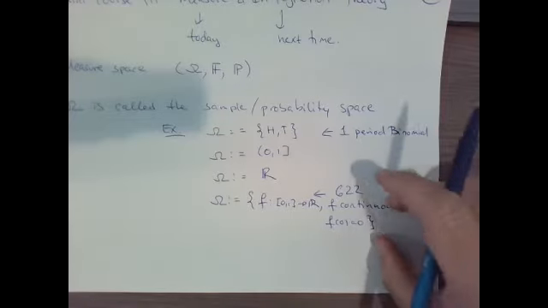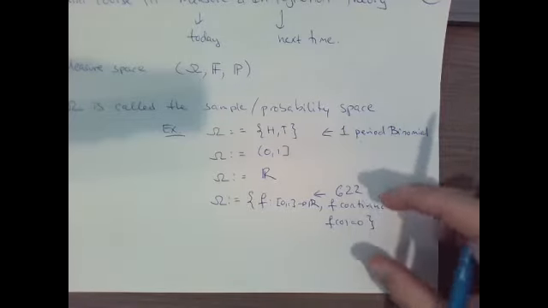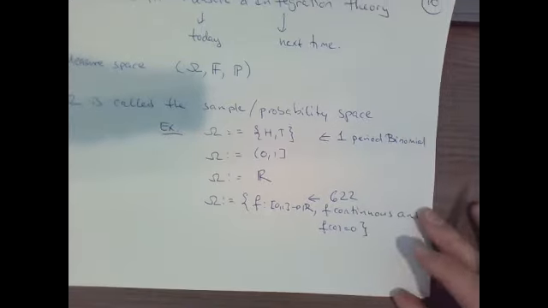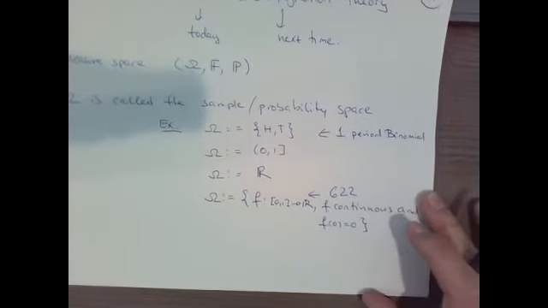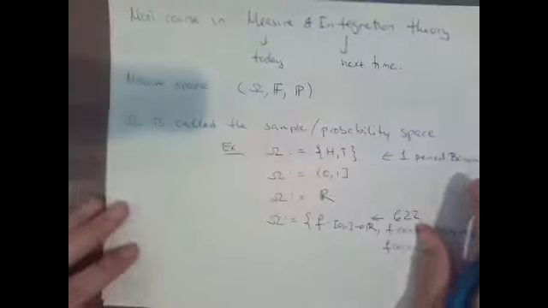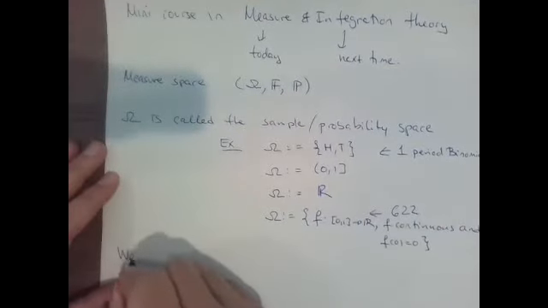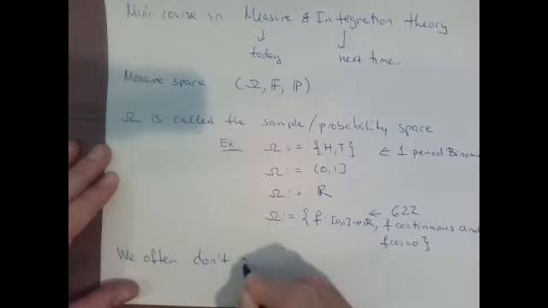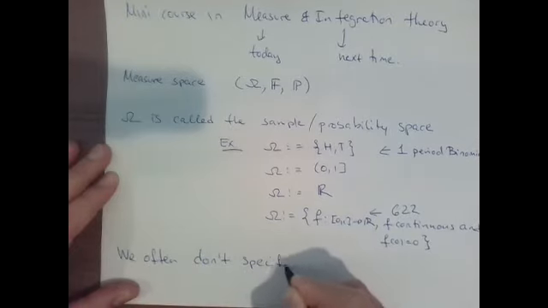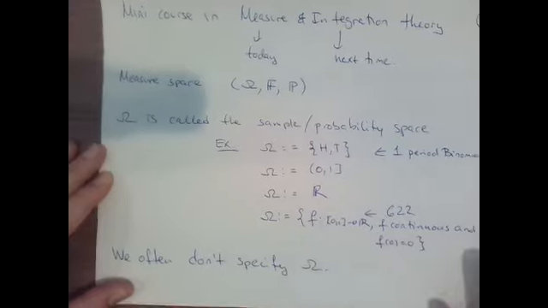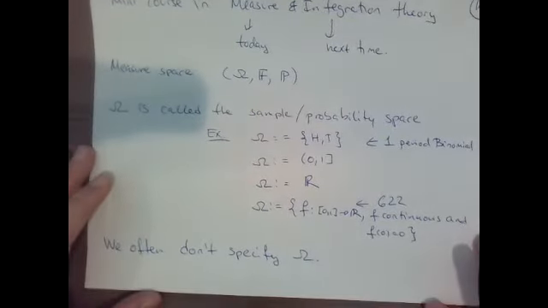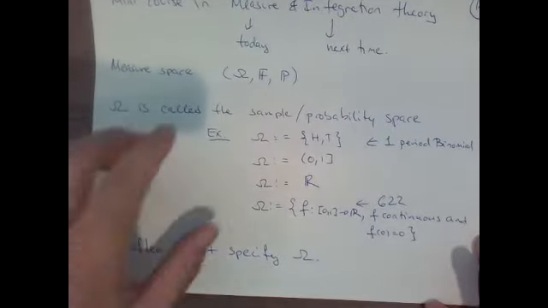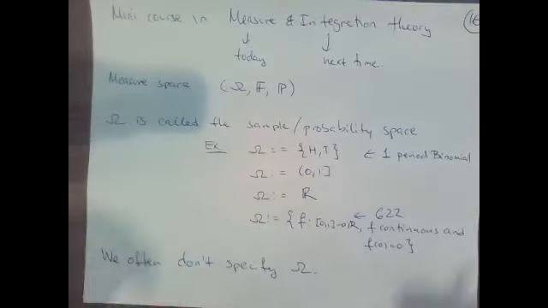This thing down here is what you need to work with in order to understand the Brownian motion setup. We often do not specify omega. It's just in the background. So that was the first entry. It's a set of points.